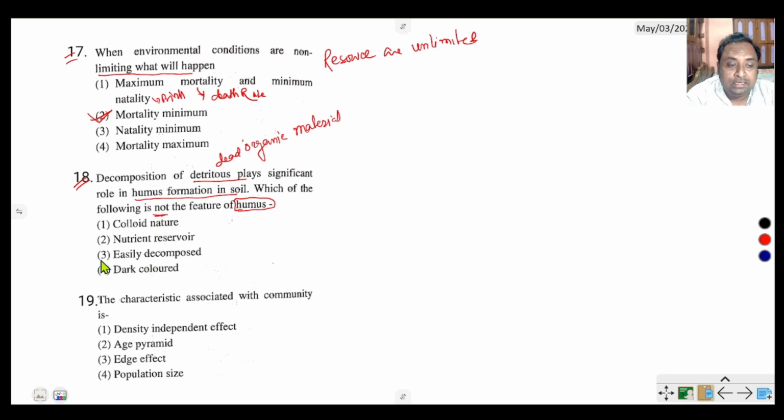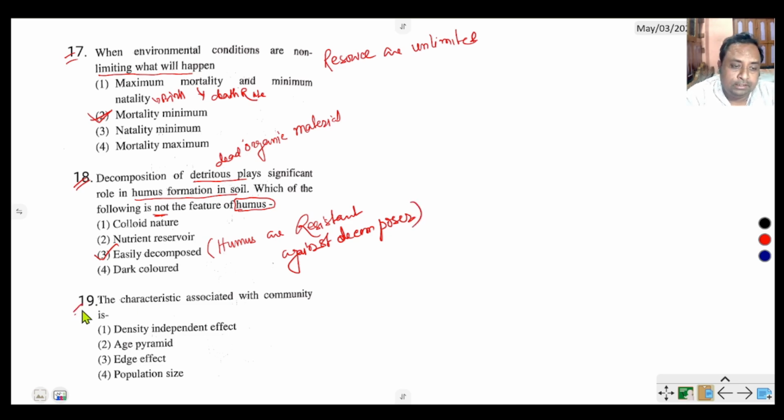So easily decomposed is not a feature, because humus is resistant against decomposition, because the humus is produced after decomposition of organic material.